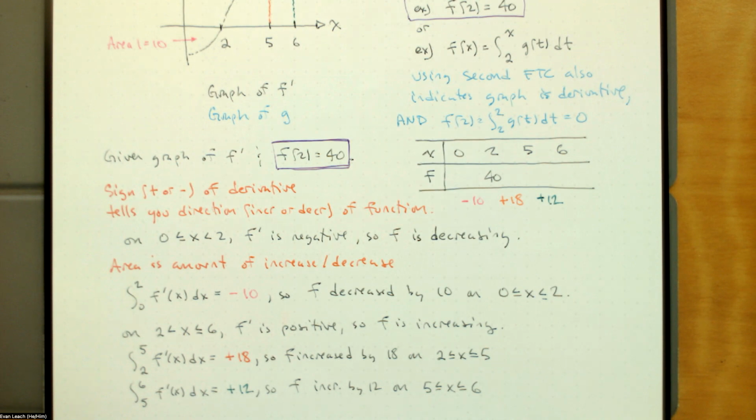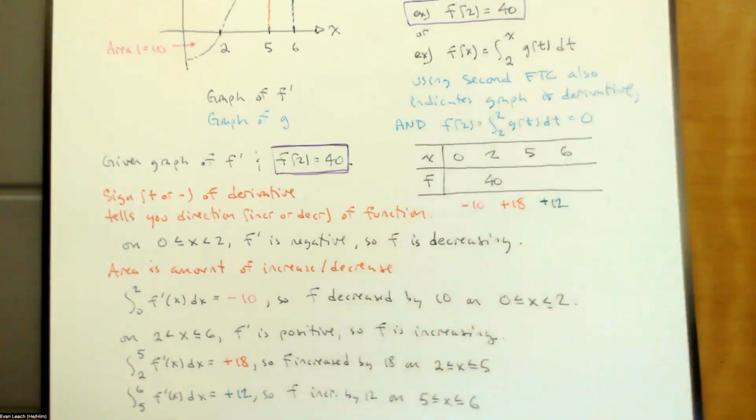We also use the derivative to find things like local maximum, local minimum. And since we're on a closed interval, we can find global maximum, global minimum.